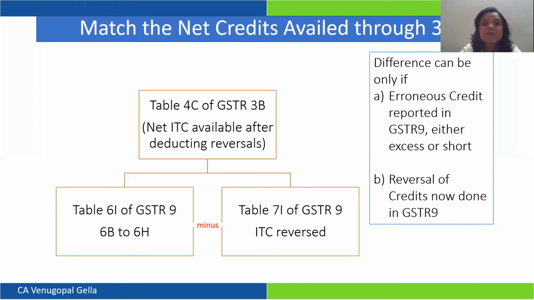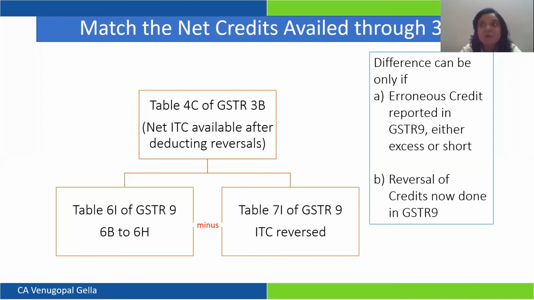That is where my 4C would be matching with 7J. However, if there are certain credits which I realize, oh, I had to avail 1 crore, but I have availed only 90 lakhs, 10 lakhs, let me put it in GSTR-9. If I do that, my GSTR-9 7J will not match with 4C.